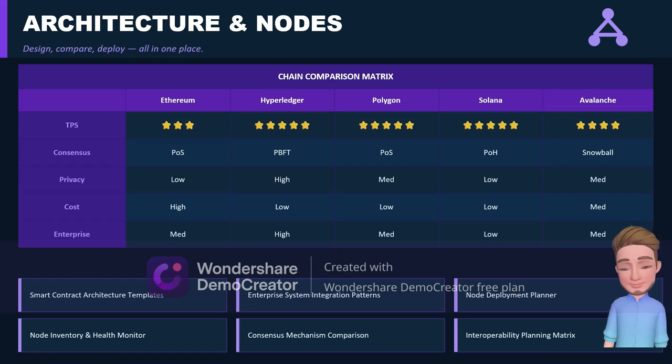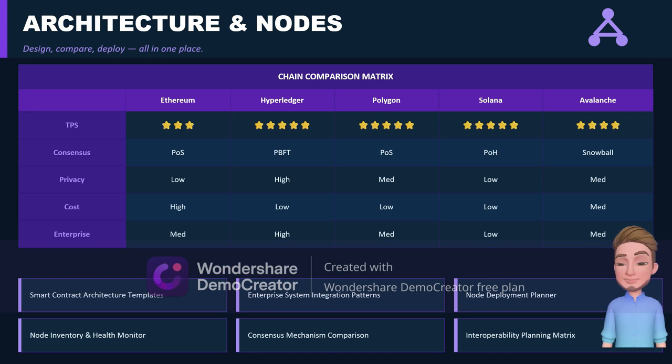Let's talk about the architecture and nodes. Blockchain architecture decisions are permanent. Choosing the wrong chain, the wrong consensus model, or the wrong node topology can derail your program for years. The Blockmaster OS includes a comprehensive chain comparison matrix covering Ethereum, Hyperledger, Polygon, Solana, Avalanche, and more, so your architects can make defensible, data-driven decisions.